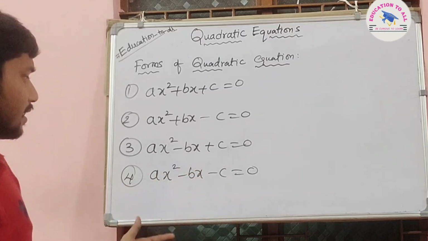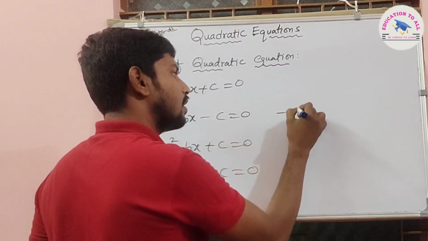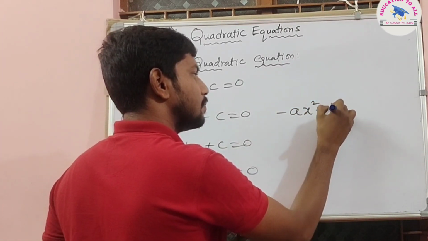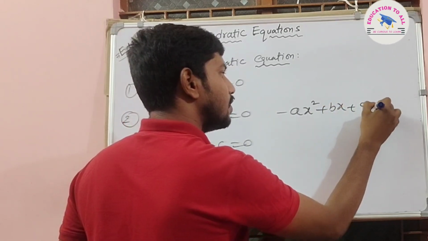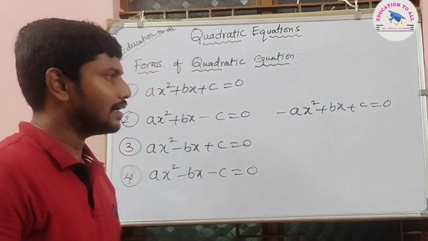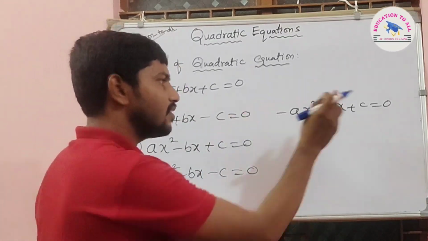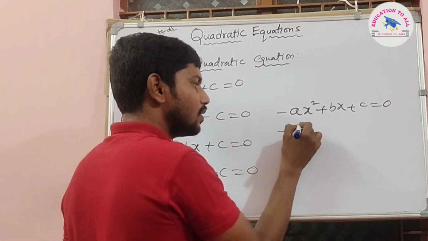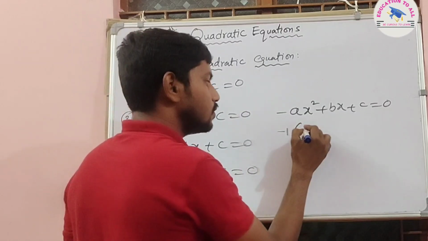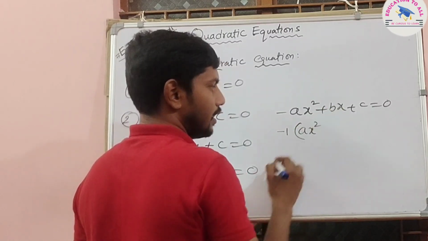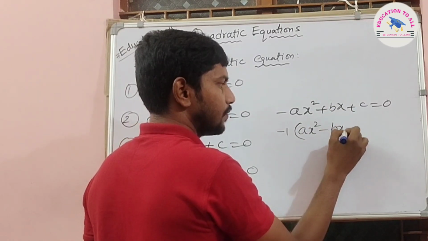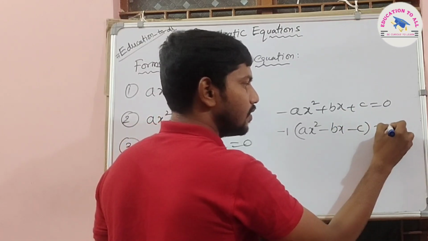So we can also say minus ax square plus bx plus c equal to 0. You may think this is also a format, but it's very simple. You can identify the equal symbol is there. If I take minus 1 common in each and every term, this becomes a positive ax square, minus bx, and here it is minus c, equal to 0.